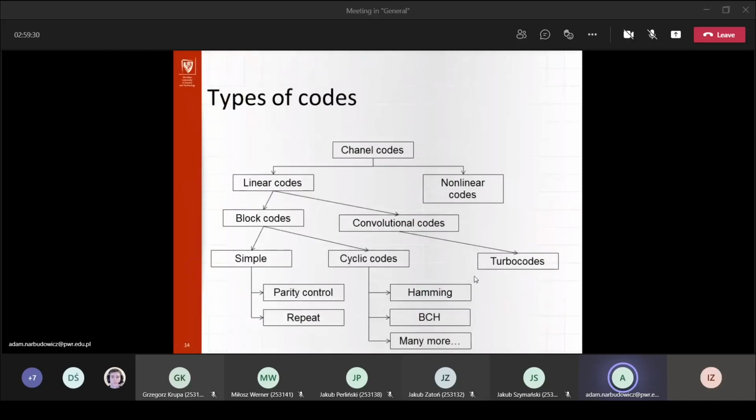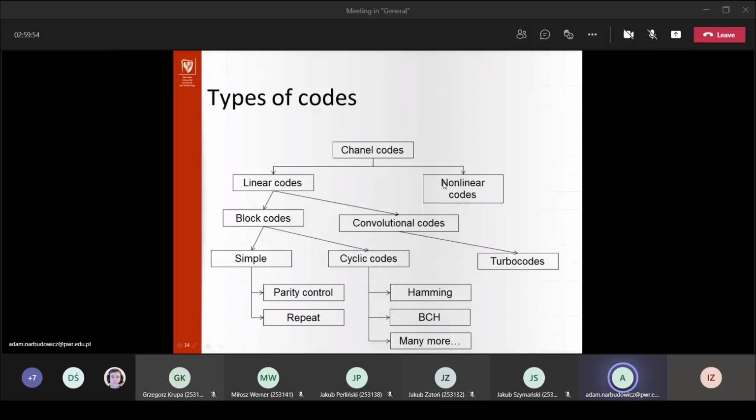Now, for the different types of codes, this is just a basic characterization. So we are referring here only to the channel code. So types of codes which are used to increase the redundancy.